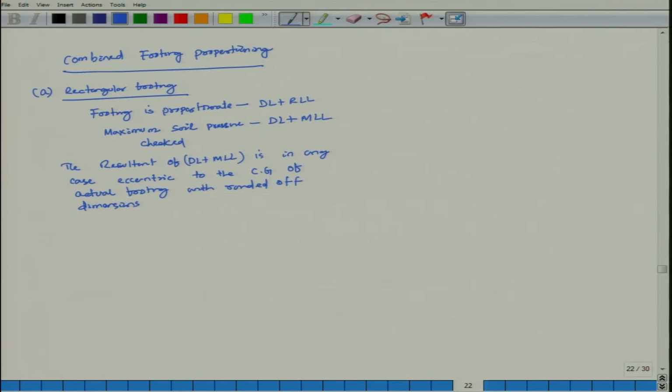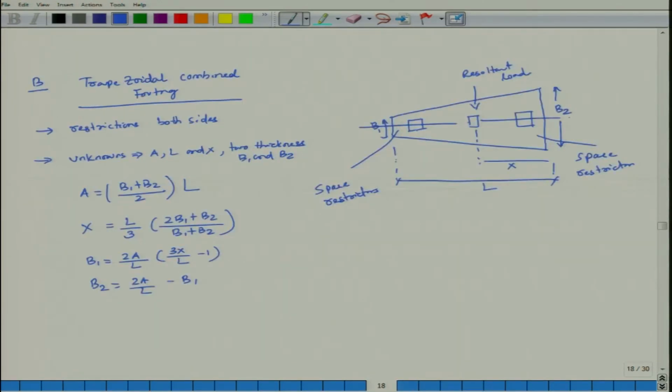Now second one is your trapezoidal combined footing. Trapezoidal combined footing, that means L, projection from either side. How much projection can you get in trapezoidal footing?